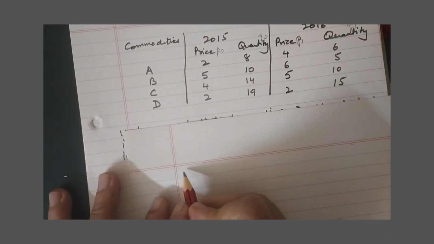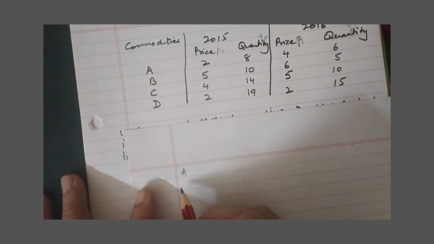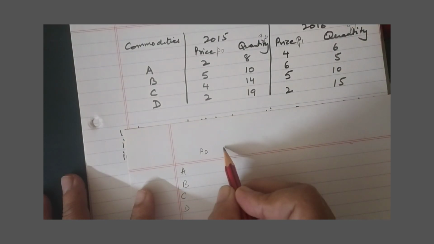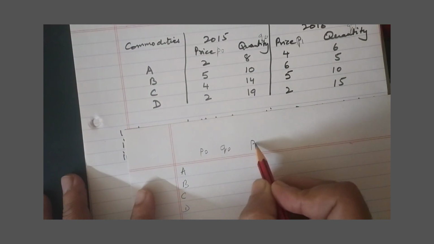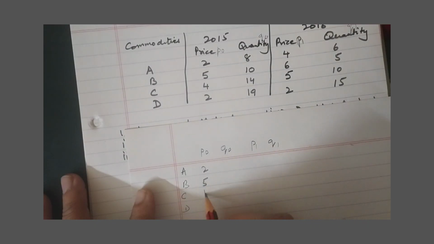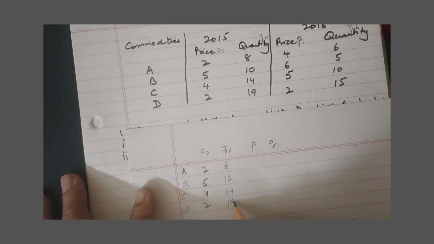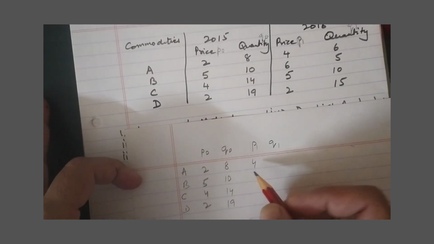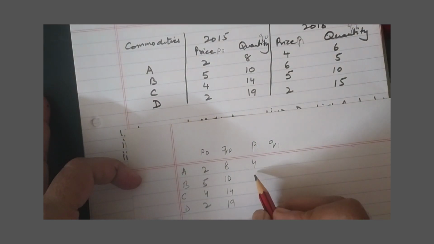Here I write the commodities A, B, C, D, then P0, Q0, P1, Q1. So the base year is P0, Q0 and the current year is P1, Q1.